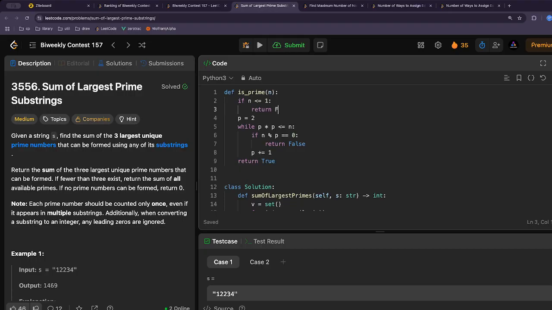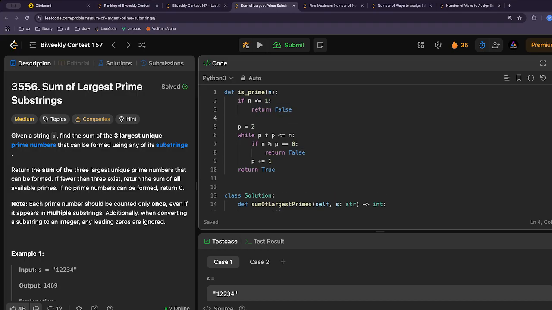In that case, we want to return false, right? So do you remember why we only have to try up to the square root of the number? The reason is that you should always remember that divisors come in pairs, right?